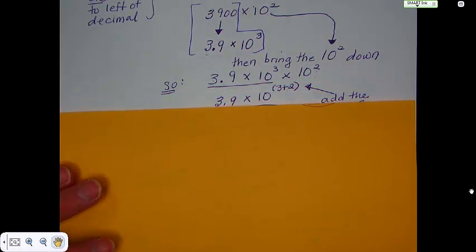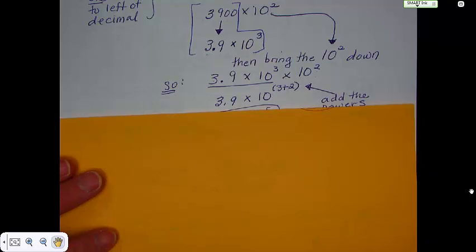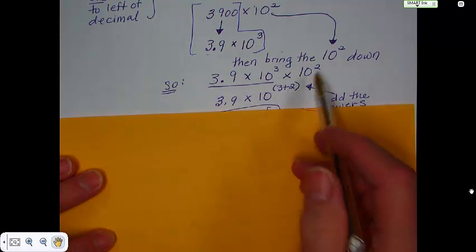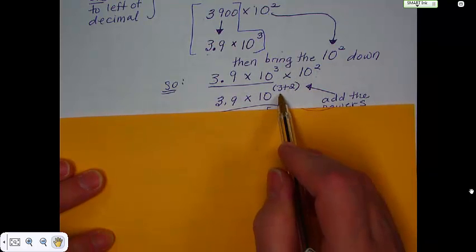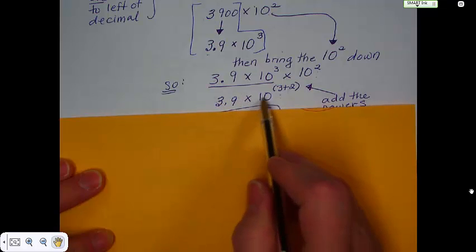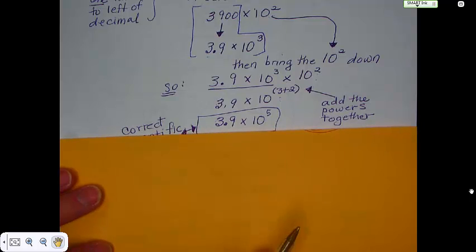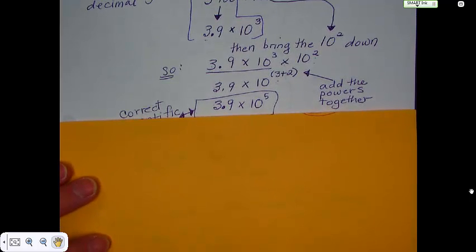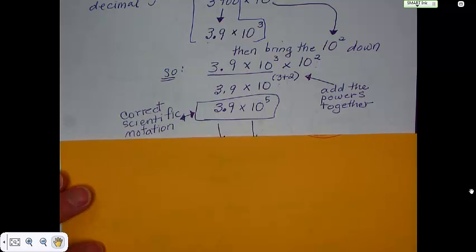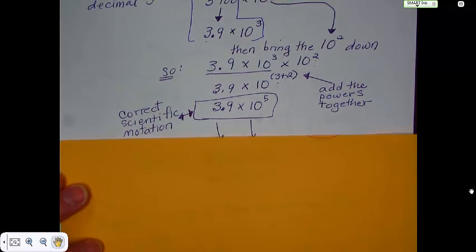So we know that if we take a power of 10 times a power of 10, we just add the exponents. So now it's 3.9 times 10 to the 3 plus 2 power, which is 3.9 times 10 to the fifth. And now we have it in proper scientific notation form.